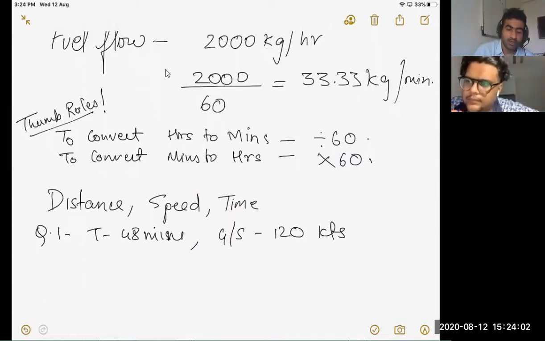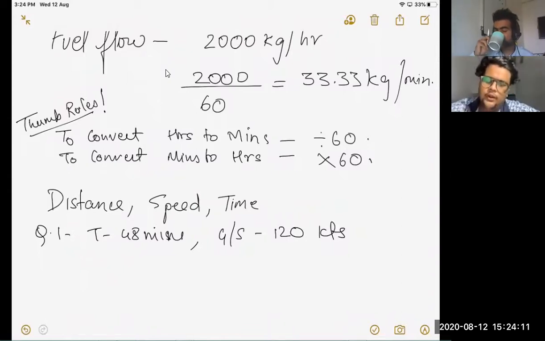Did you convert your minutes into hours? How much is the value?